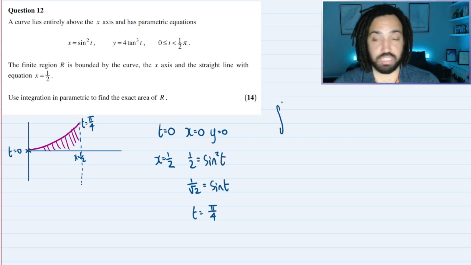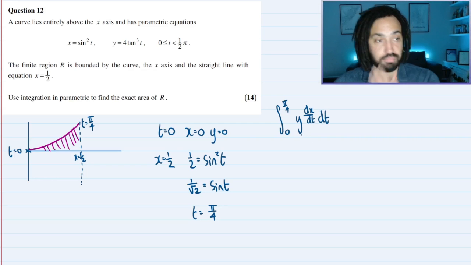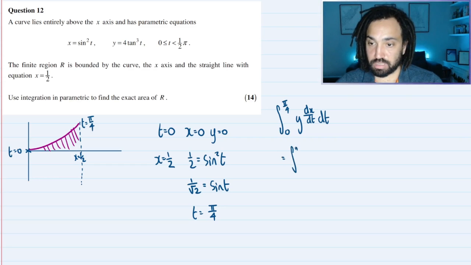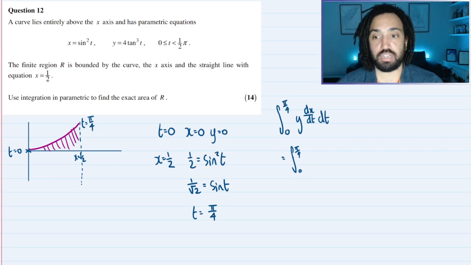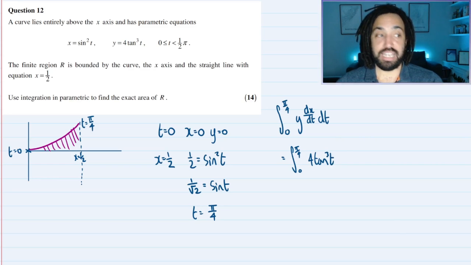So we're going to be integrating between pi over 4 and 0, and the formula is y dx by dt, dt. Okay, so let's substitute in y, which is 4 tan cubed t, and dx by dt. That's the derivative of sine squared. So let's do it over here.